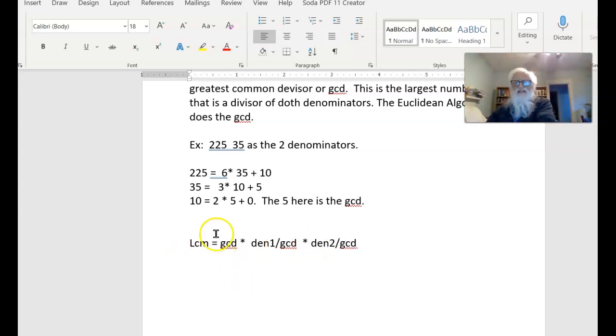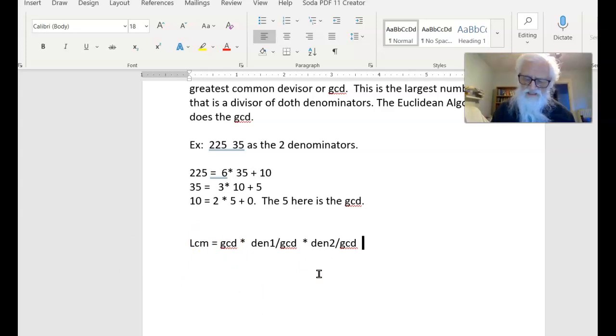What that does is, the GCD is the greatest common divisor. I put it here and I get rid of it in the other two. And whatever's left in the other two is unique to them, and I need them if I'm going to get something that is a multiple of them.